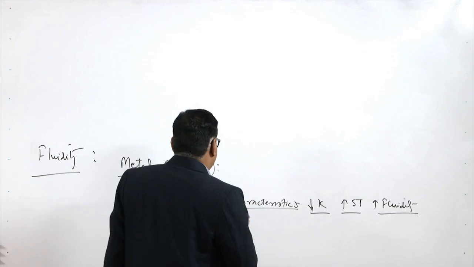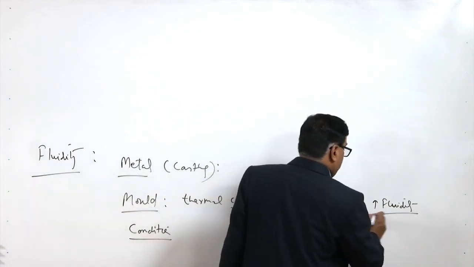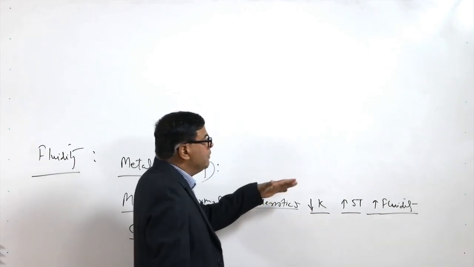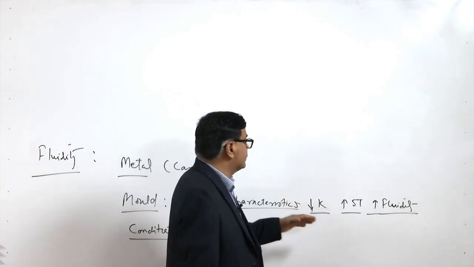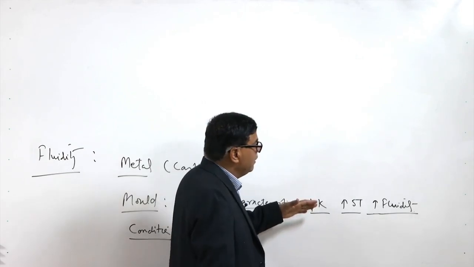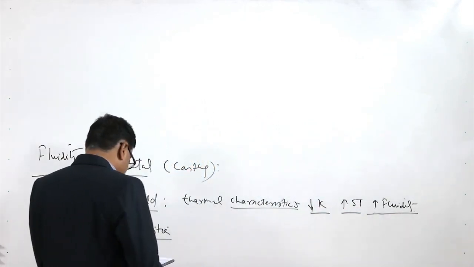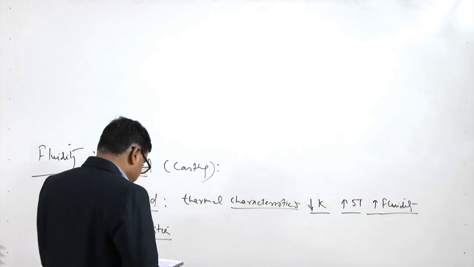So, thermal properties of the mould walls will definitely be governing. High thermal conductivity of the mould wall will lead to reduced fluidity of the molten metal in the mould.